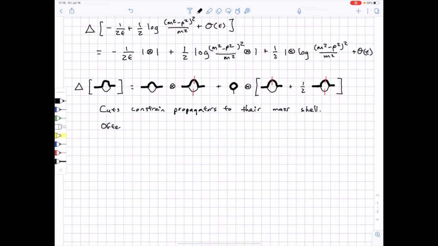And these constraints are often imposed by replacing the propagators by delta functions, imposing the on-shell conditions in integrands.